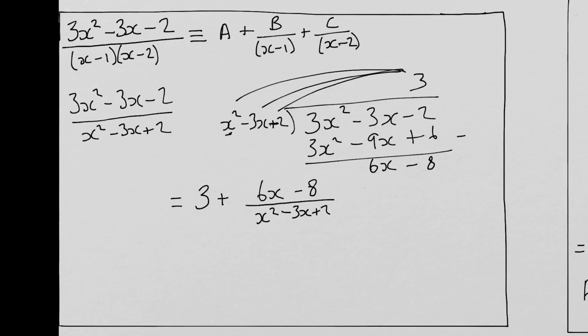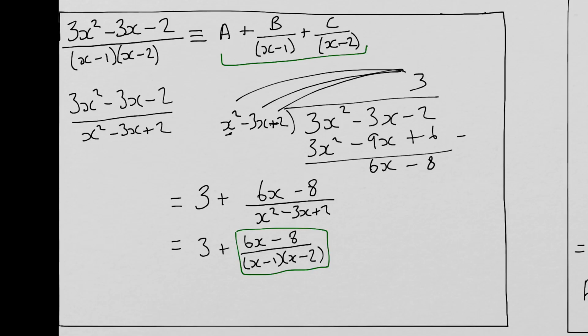However, if we consider that as 6x minus 8 over our original part, x minus 1 and x minus 2, you'll see that here in this section we've now got a partial fraction which, looking at how the question is laid out, they are expecting us to split. So we're going to need to deal with that, which we will do now.